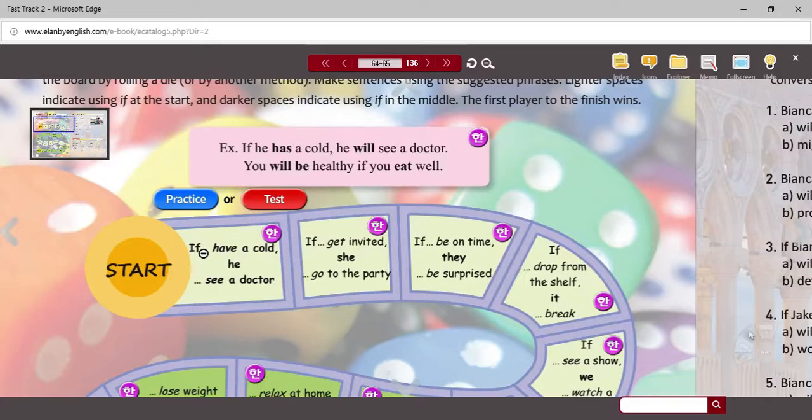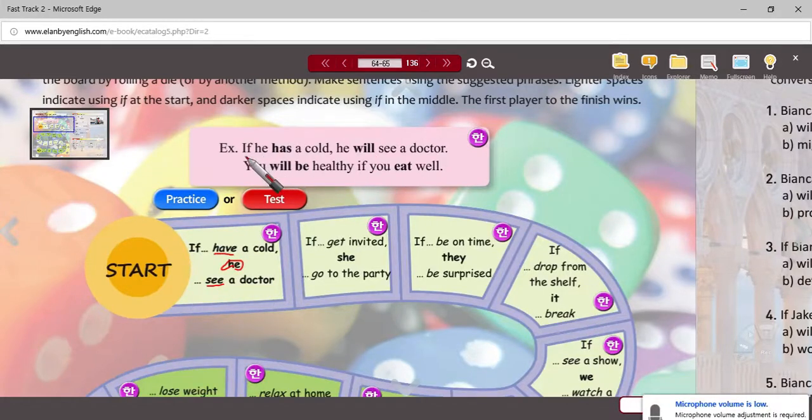So for the first example here, you're going to put all your playing pieces here, and you're given this incomplete sentence. You're given two verbs, see and have. You're also given a subject. So we're talking about some other man, not in our conversation. What you're going to do is conjugate one of these verbs, because we're using the third person, and the other verb will get the word will.